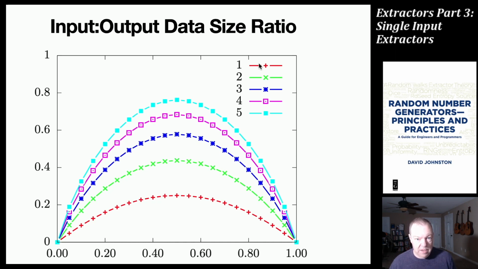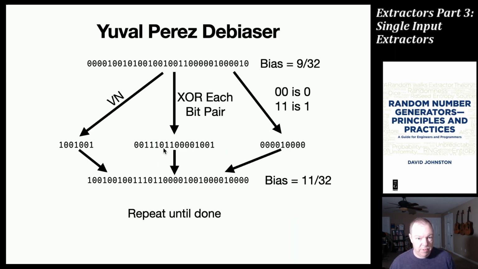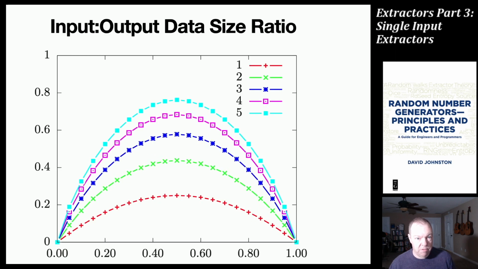But this 1, 2, 3, 4, 5 is the number of iterations of the algorithm. So we have this algorithm, we're iterating it 1 time and 2 times and 3 times and so on, up to 5 times, and feeding in a megabyte of data at various different biases and seeing how much data we get out.